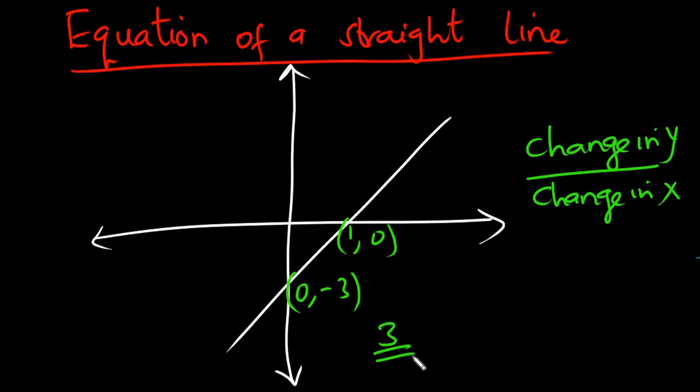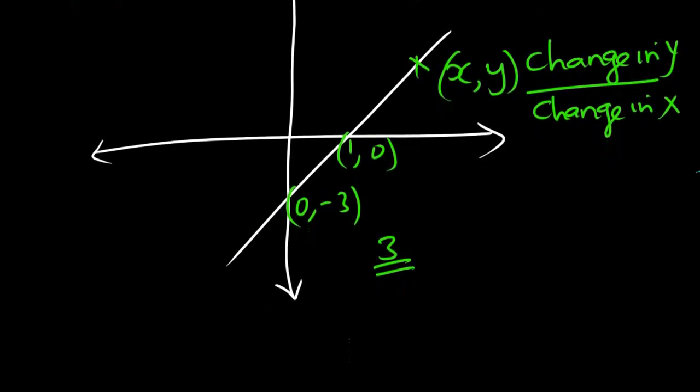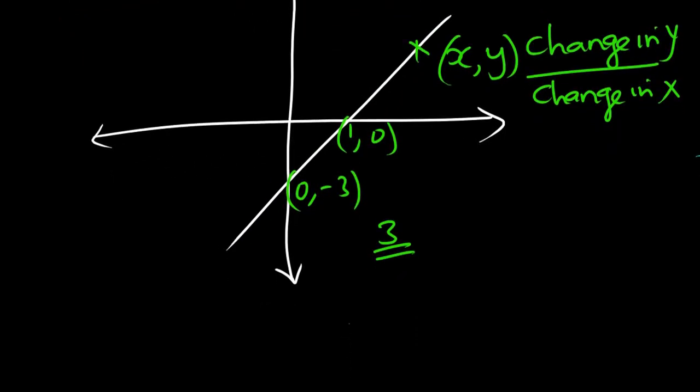What we do is identify a third point on this same line. We can identify this point here, and we're going to name this point (x, y). Then we try to get the gradient of this line using this point (x, y) and any other point.